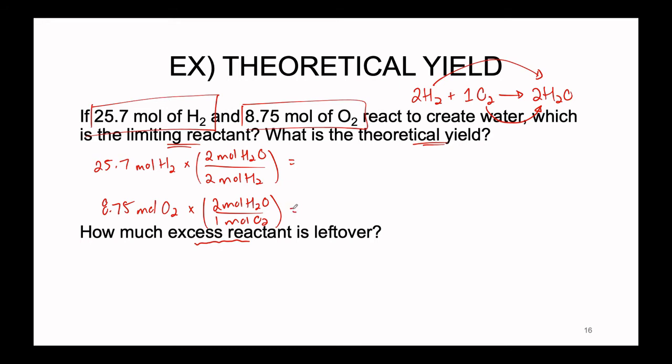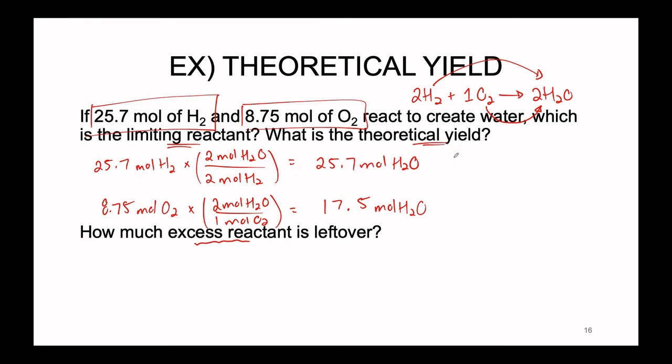The calculation then of how many moles of water could hypothetically be produced from all of our hydrogen is 25.7 moles. And from our oxygen is going to be 17.5 moles. So here we can see, starting from the perspective of each of our two reactants, how much water could at most be made, assuming the consumption of all of the reactant.